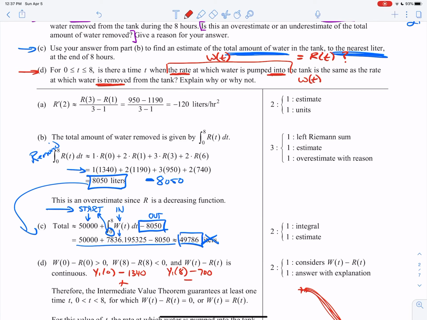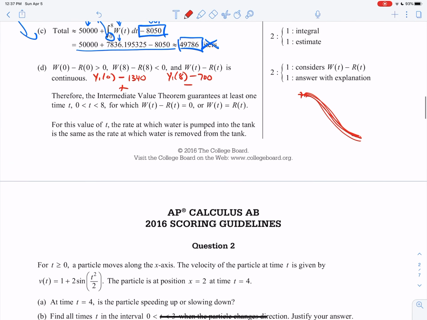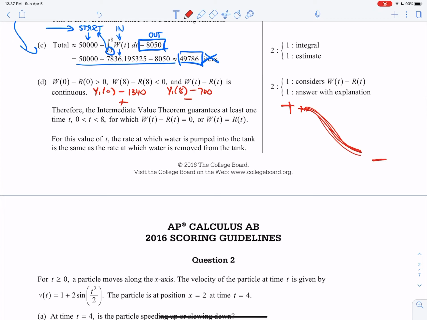If you're trying to find out where W of t is equal to R of t, that's pretty much saying, well, what would happen if I were to subtract these two same equations? What would it equal? It would come out to 0, right? So we showed that the difference in the two rates came out positive and then negative.